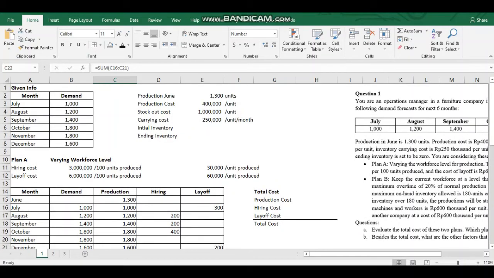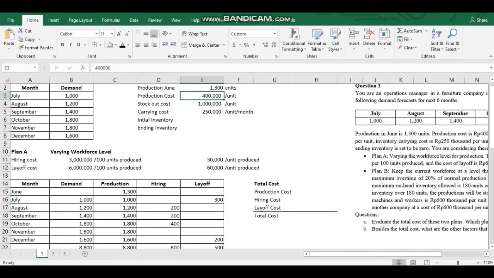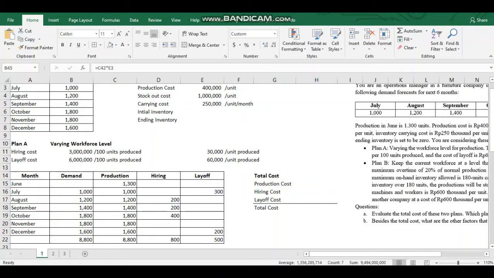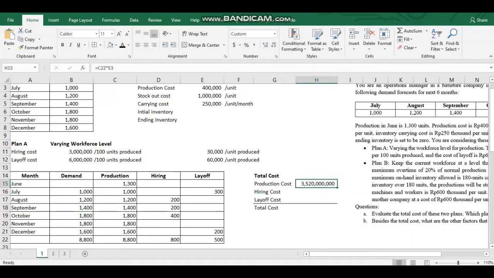Okay, the production cost per unit is 400,000 per unit, so we have to multiply this cost with the total of production.